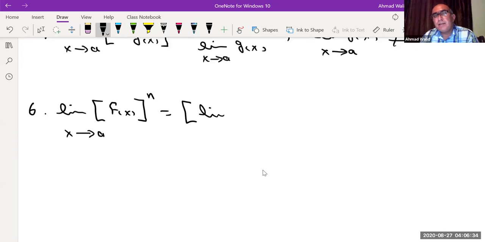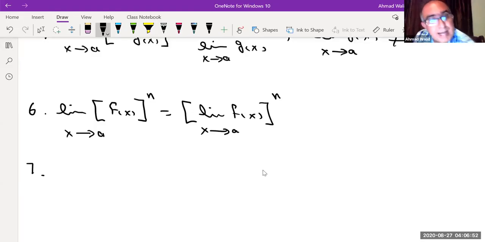First take the limit of f of x as x approaching a, then raise it to the power of n. Correct? Based on this exponent rule, I can create another rule for another limit if a radical gets involved, because we know radicals are actually exponents, rational exponents, right?